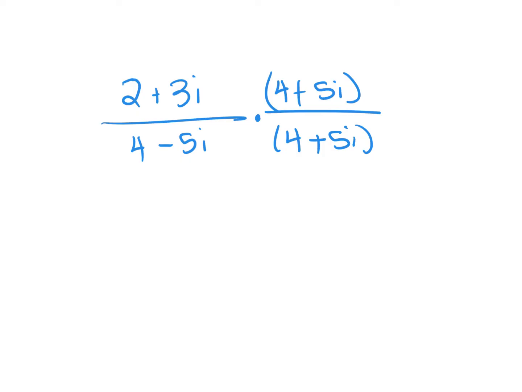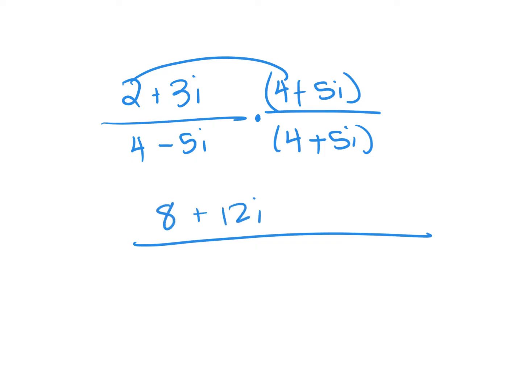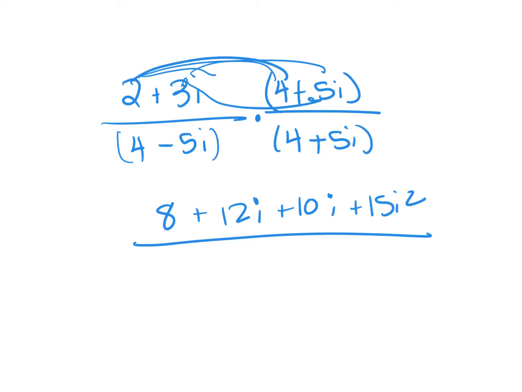Correct you are. All right, now, top: 8 plus 12i plus 10i plus 15i squared. And 4 pieces from the top. The bottom, the first thing squared, these are just conjugates together, so I can take my shortcut. The first thing squared, 16, plus the last thing squared.